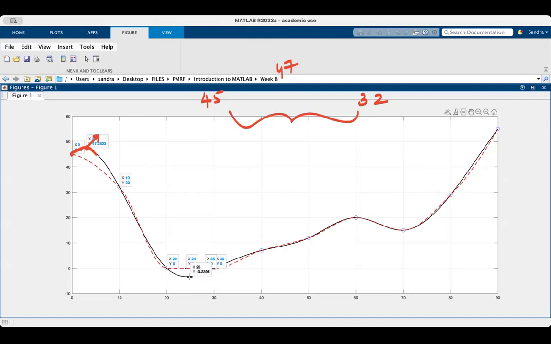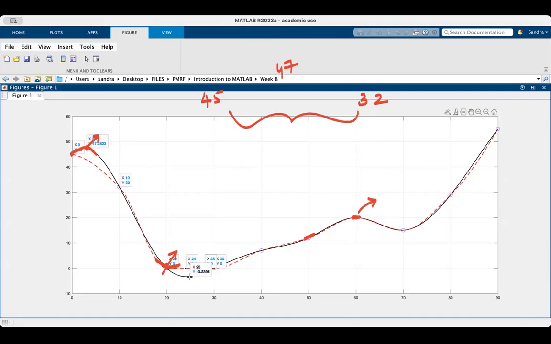So PCHIP is always restricted by the endpoint y values. On the other hand, spline is a smooth curve because spline has an inbuilt condition: spline interpolation is done in such a way that wherever the data point is, the gradient should be smooth. For the PCHIP one, it has a sharp inclination like this. At this particular point, the gradient is not smooth.